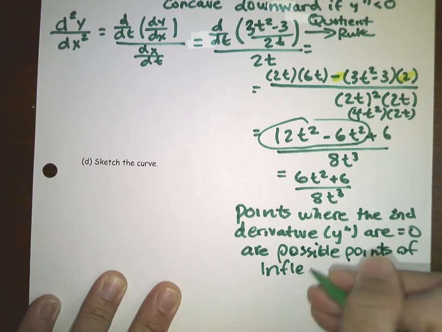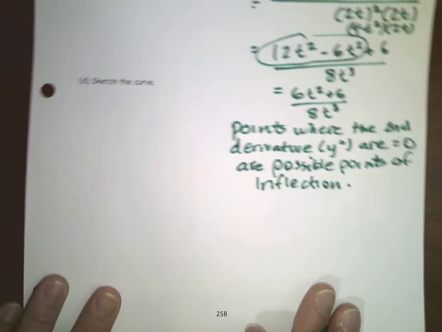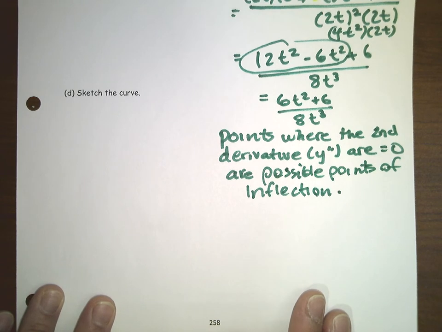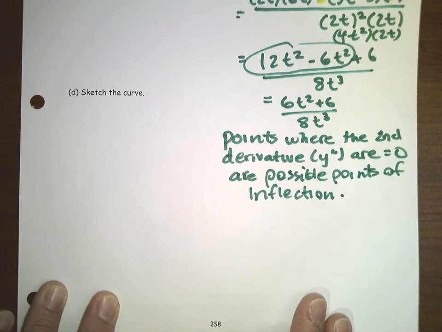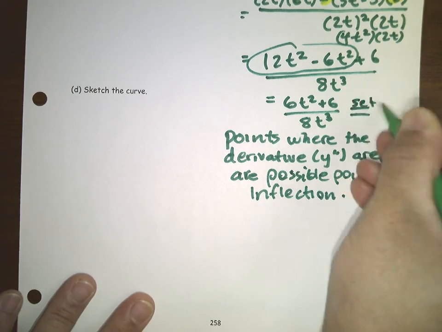Then I need to see whether the graph is concave upward or downward on either side of that point. So I set the numerator equal to 0.